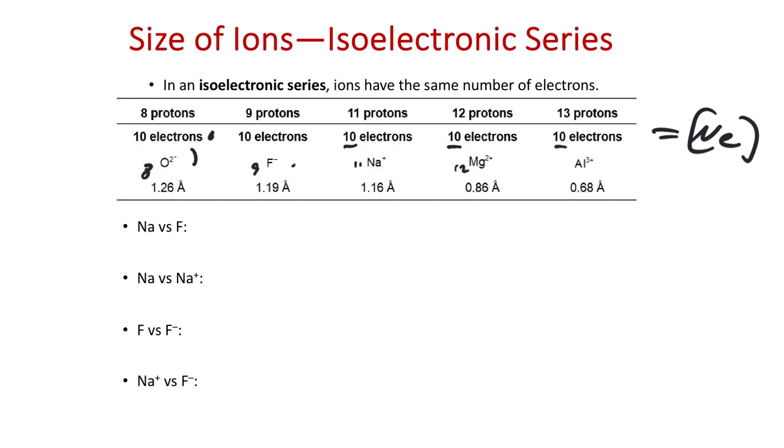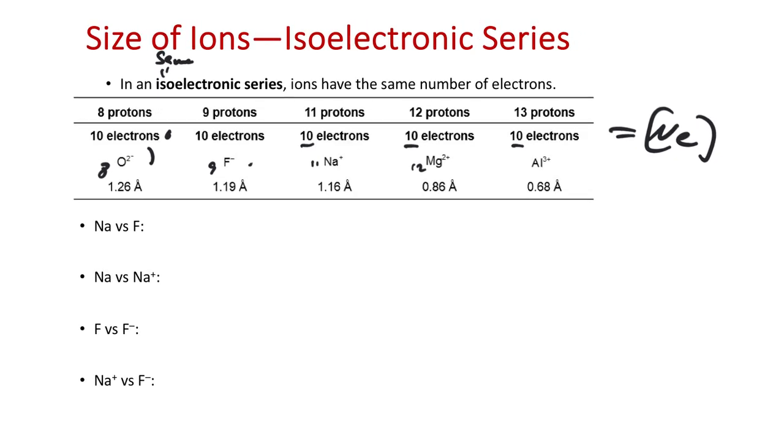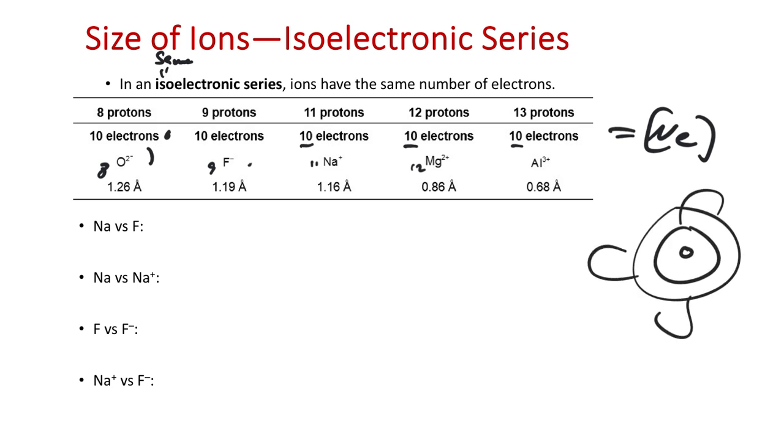Iso, of course, is the prefix that means same. So these ions share the same electronic configuration, 10 electrons in total, with a nucleus and a 1s2, 2s2, 2p6 set of orbitals, so that's our 10 electrons.